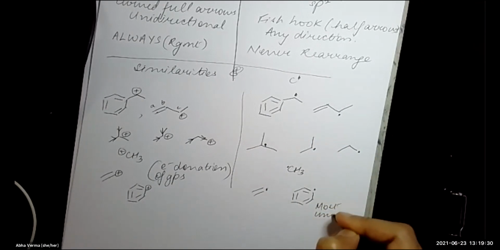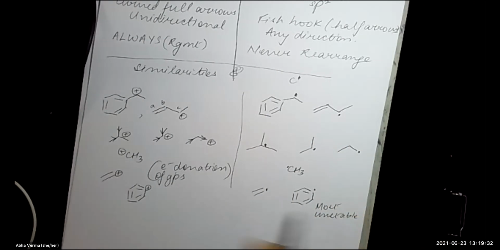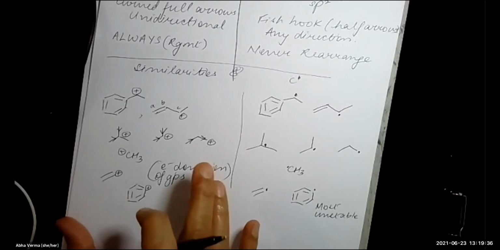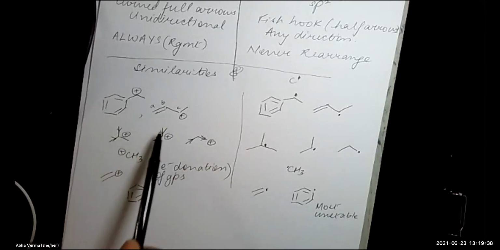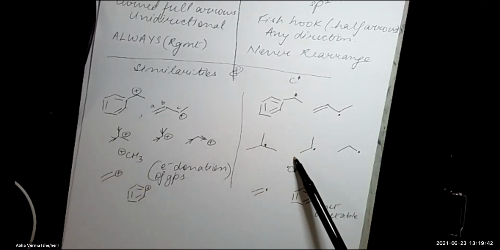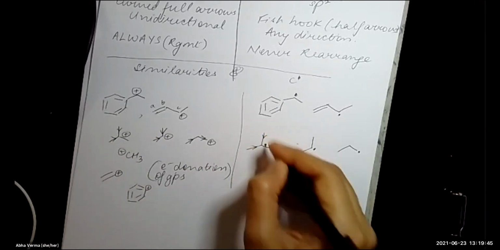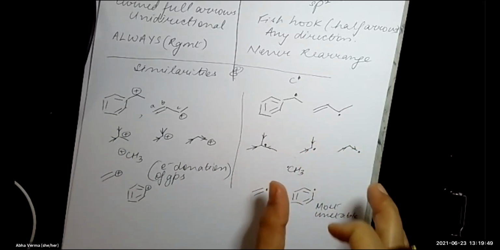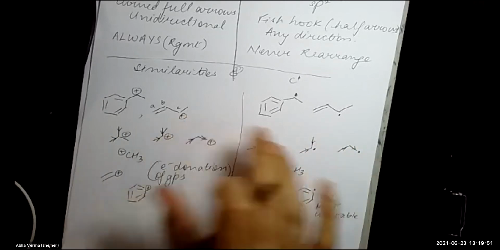Most unstable. Just like the carbocations are stabilized by electron donating groups and hyperconjugation, radicals are also stabilized by these electron donating groups. Any questions?